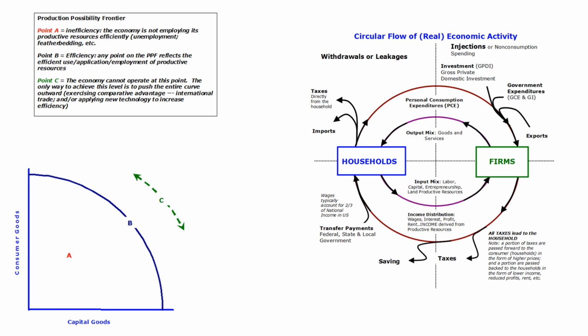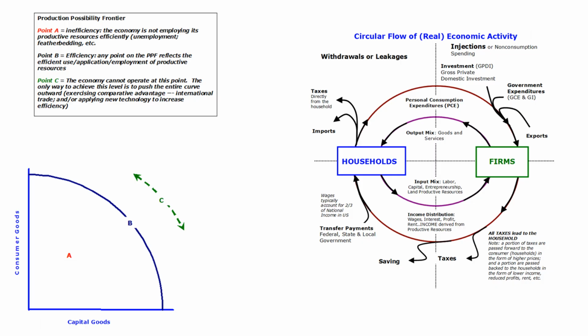So to reiterate, moving along that curve, from more consumer goods to more capital goods, that would be allocative efficiency. We're allocating our productive resources differently in order to accomplish that goal. Versus productive efficiency, that's any point along that production possibility curve, okay?